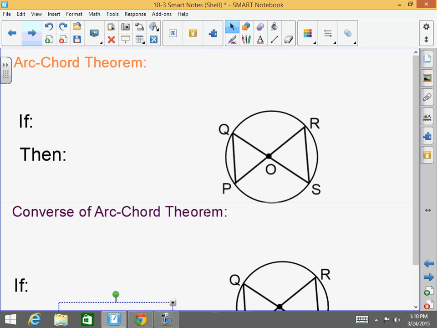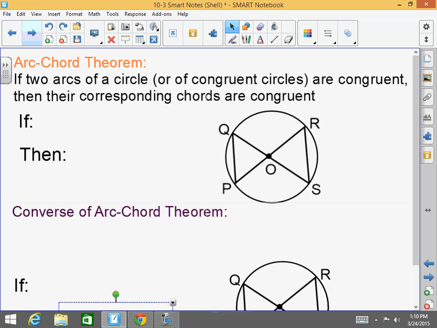Last two. The Arc-Chord Theorem and its converse. The Arc-Chord Theorem states that if two arcs of a circle are congruent, then their corresponding chords are congruent.